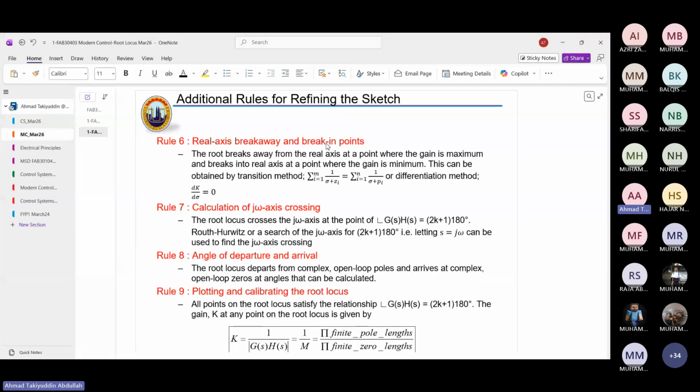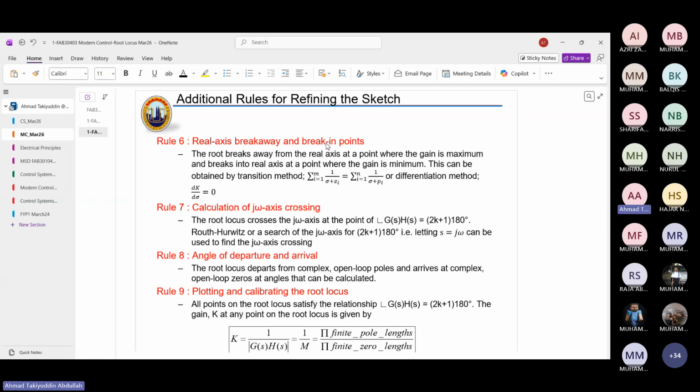The breakaway means that whatever we have in consideration on the real axis, whenever we want the continuation of the locus to go to k equal to infinity, that will be breakaway.